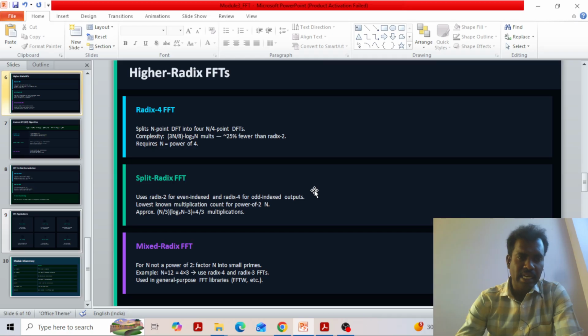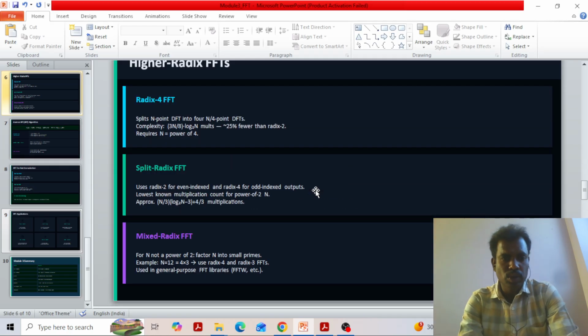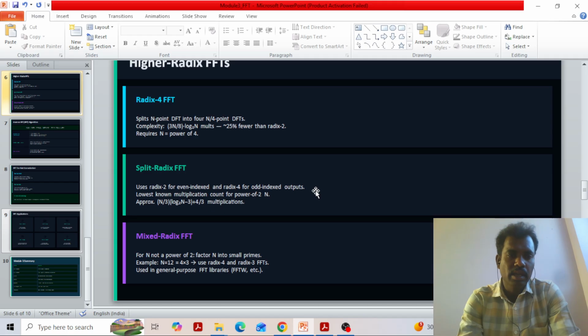Another one is split radix FFT. In split radix FFT, we use both radix 2 and radix 4 FFT. If you use radix 2, we get one kind of computation, and radix 4 gives another. If you improve the radix, the complexity of the method will be improved, and the computations will be fewer.